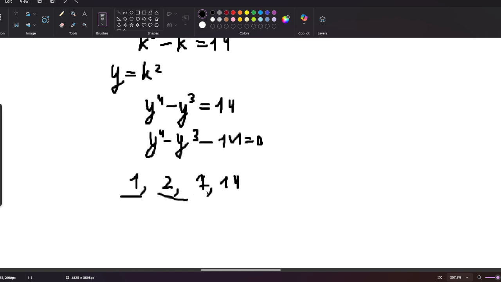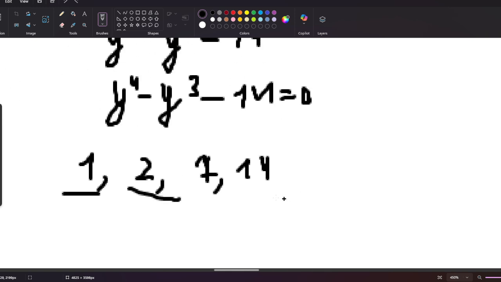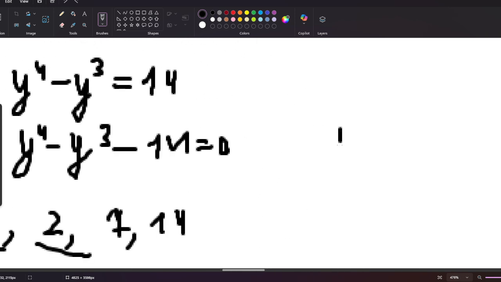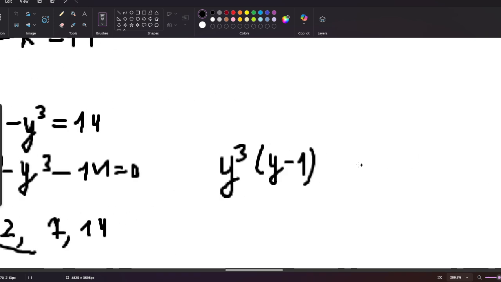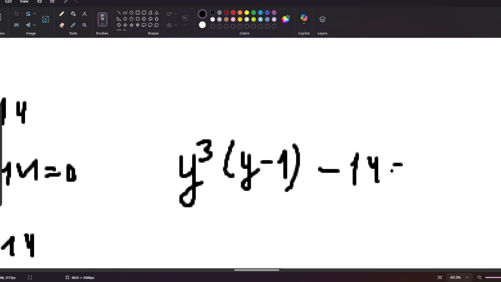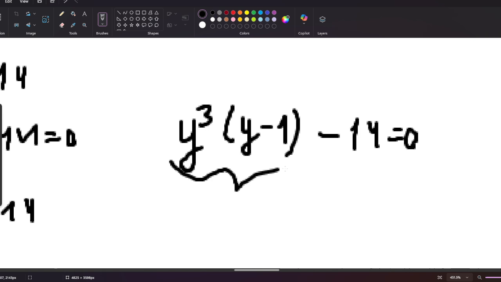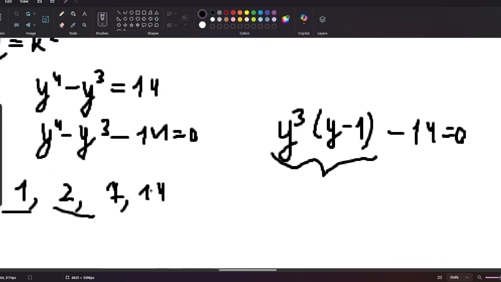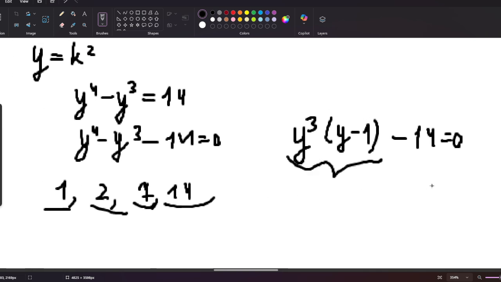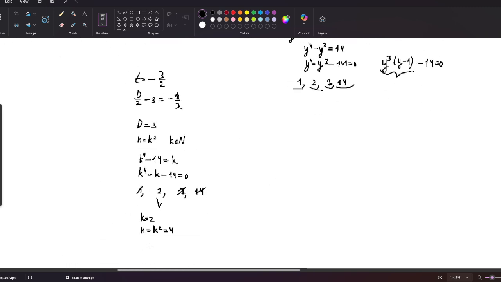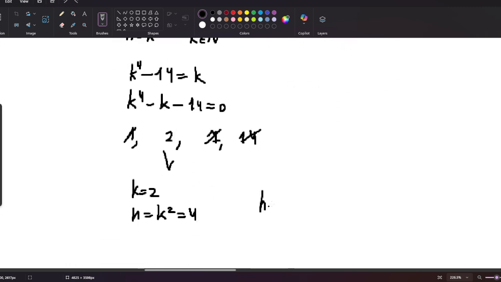Now actually, I want to check this more thoroughly because I'm not entirely sure about it. Let's factorize it a little. Y to the 3rd power times y minus 1 minus 14 equals 0. This has to be greater than or equal to 14. Now, okay, so this is obviously going to be greater than 14, and this too. Cool, we have found the only solution, n equals 4.